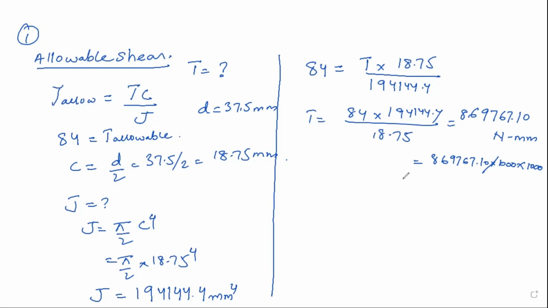So it will be 0.8697 kilonewton meter, T.